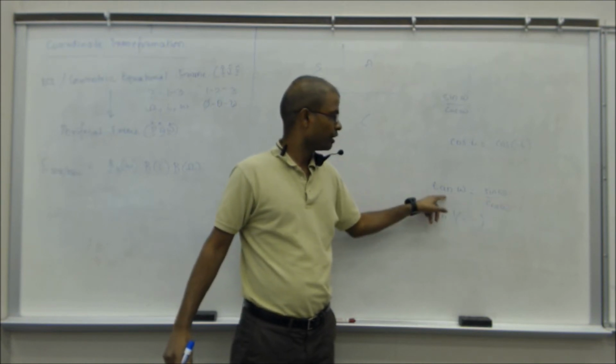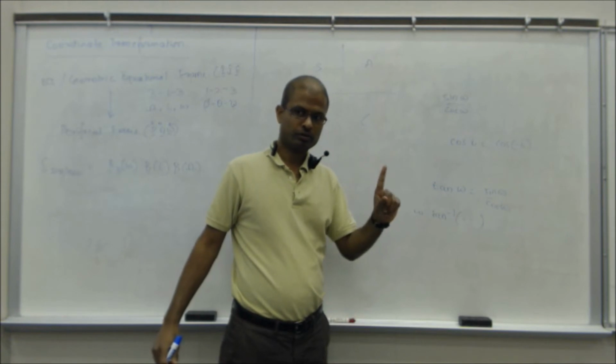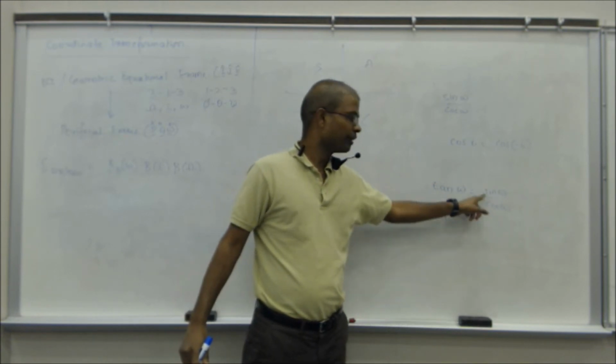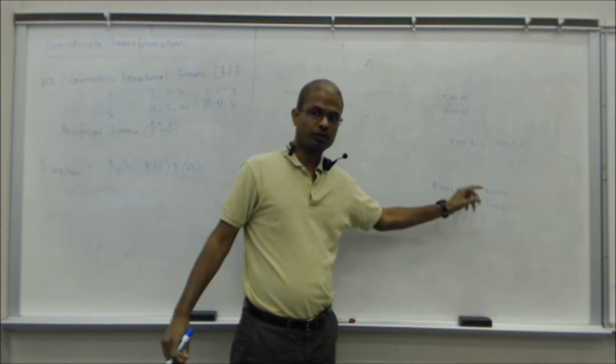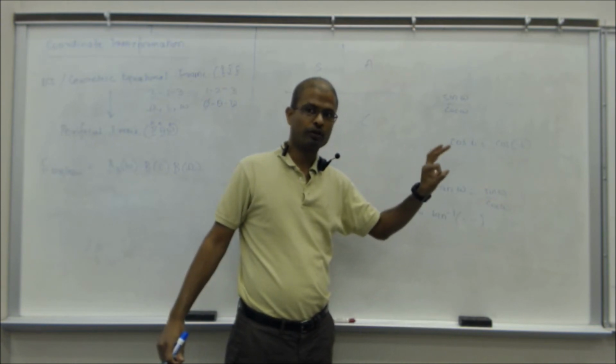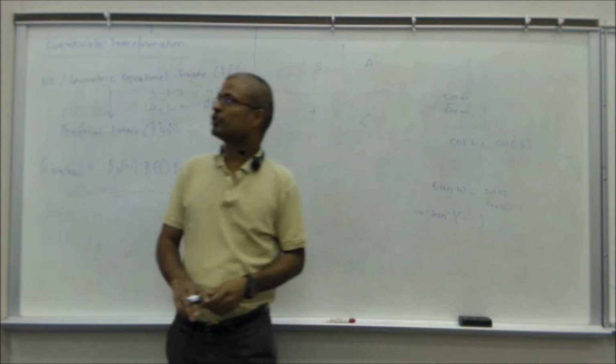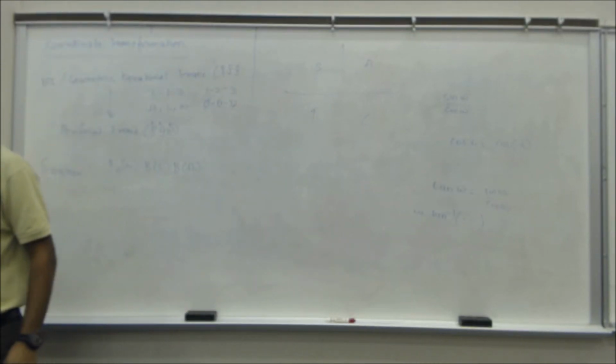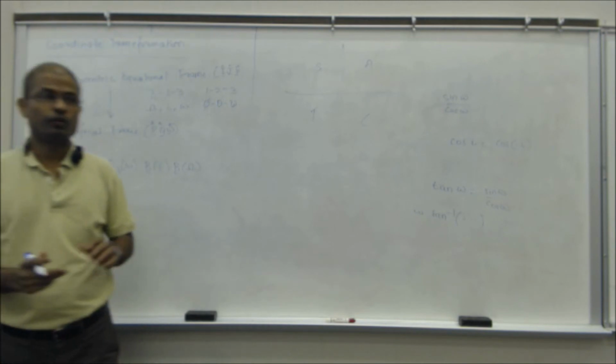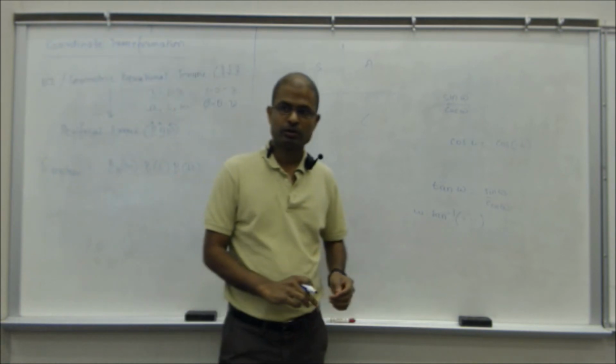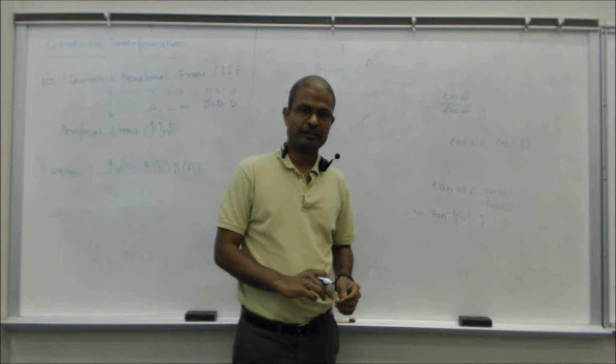Now tangent omega will be just one number. Looking at that number, you cannot figure out, if I just take the ratio of these two numbers, which quadrant that angle will lie in. No? Still not making sense?